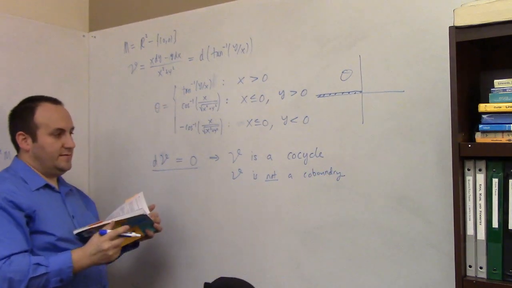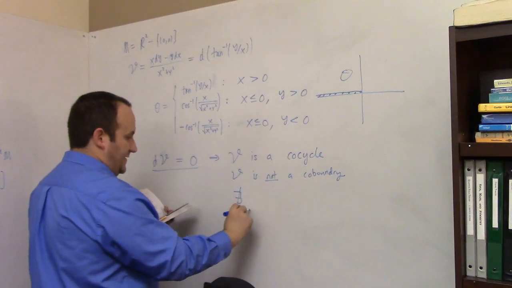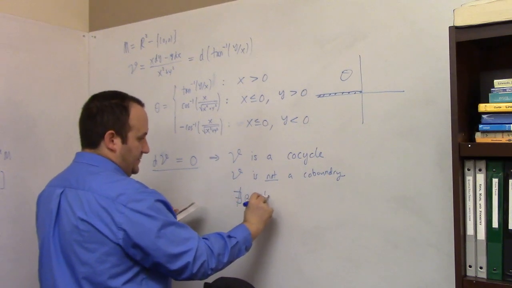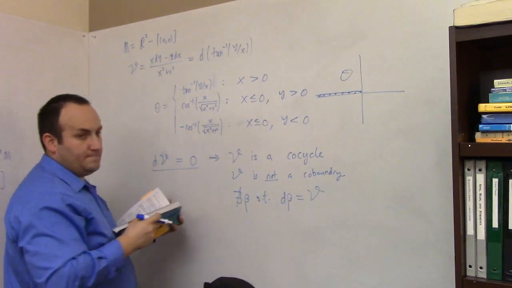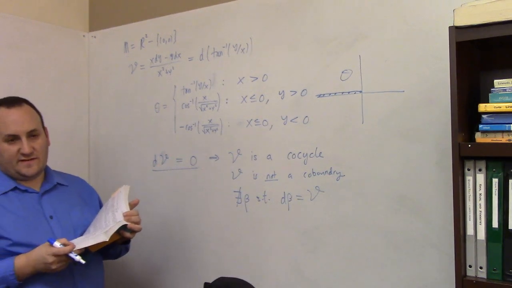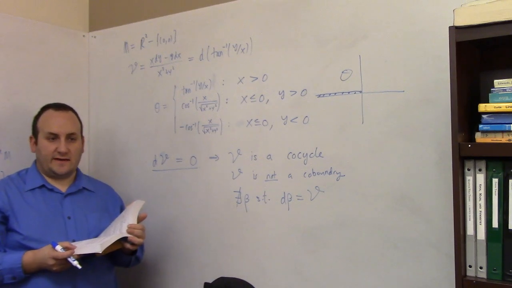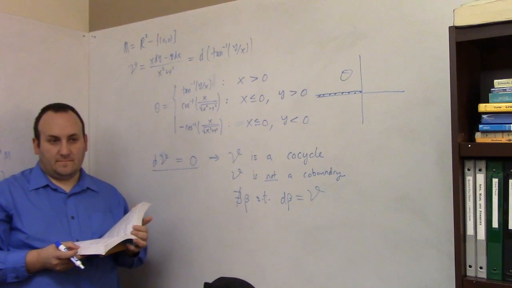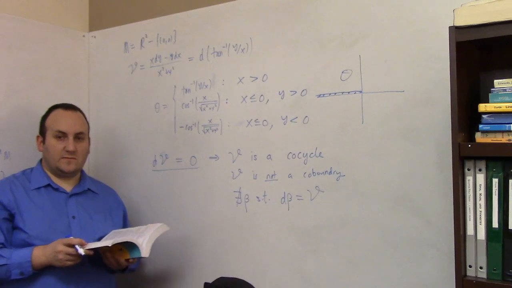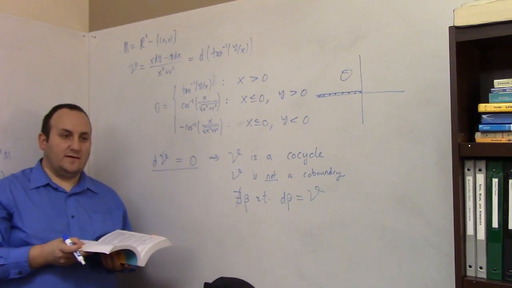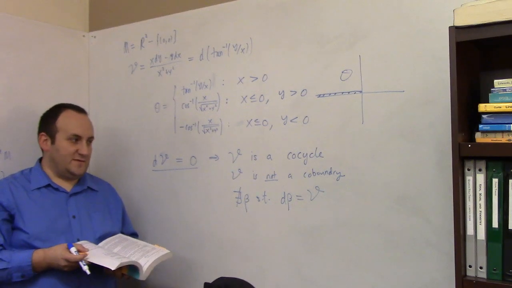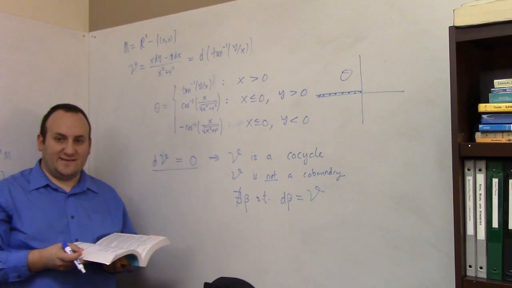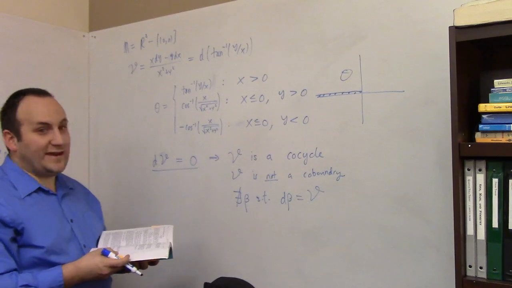You can't write, there does not exist, let's say beta, such that d beta equals it. If there was such a thing, that would give you a globally defined angle function, which just isn't possible. There has to be a jump discontinuity, in which case you certainly can't exterior differentiate it at such a point.